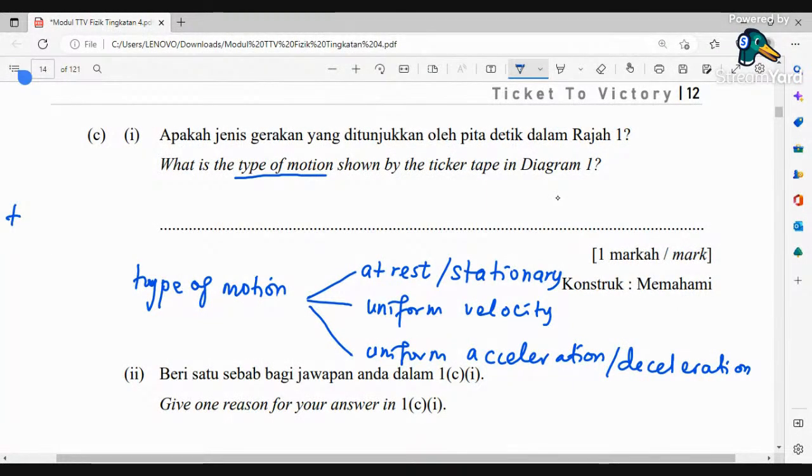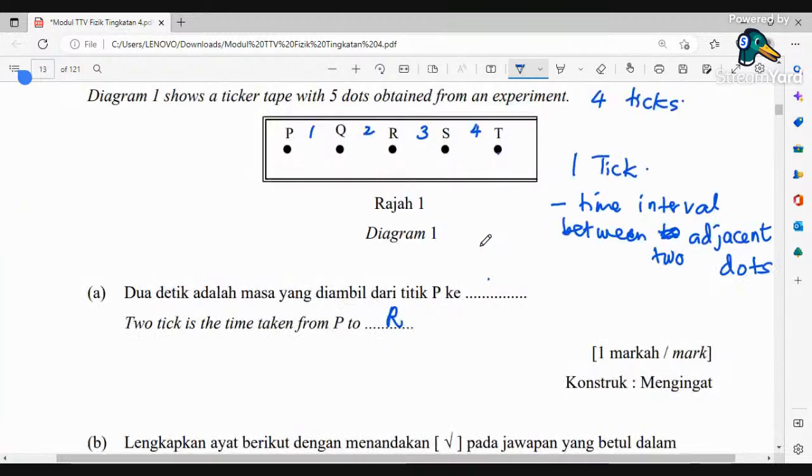So how do we know? Look back at the ticker tape. Each tick has the same distance. We also know the time taken is the same. 1 tick is 0.02 second.